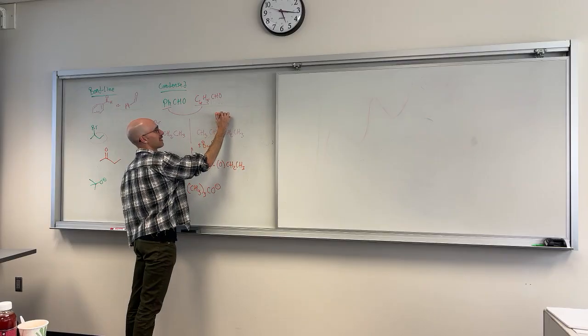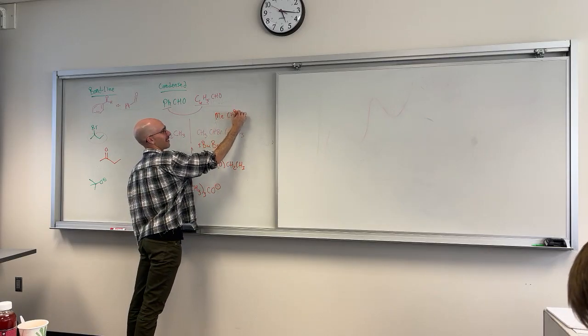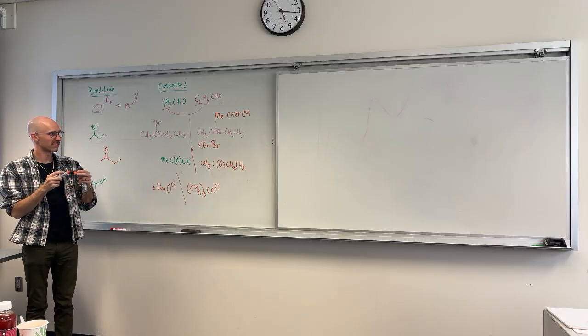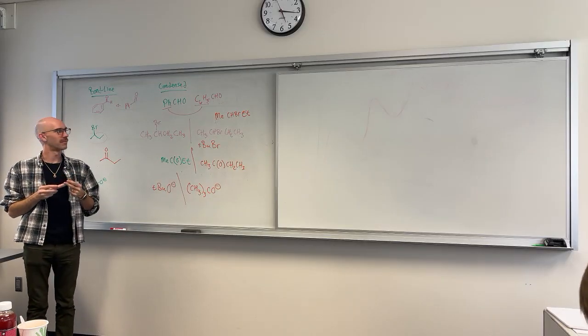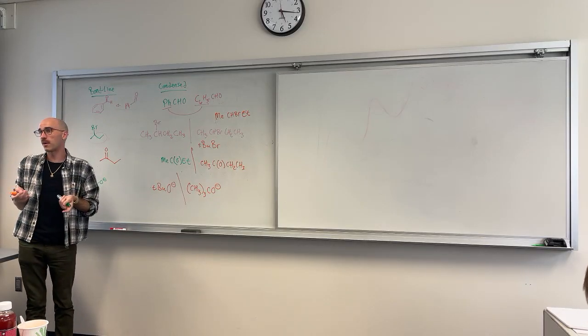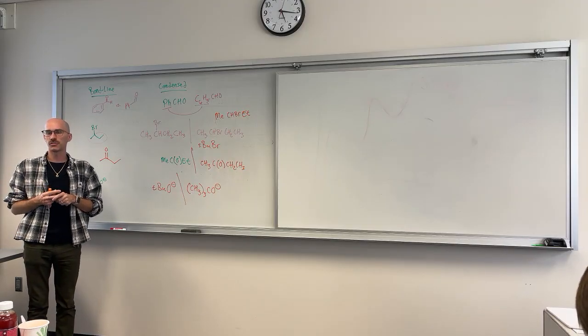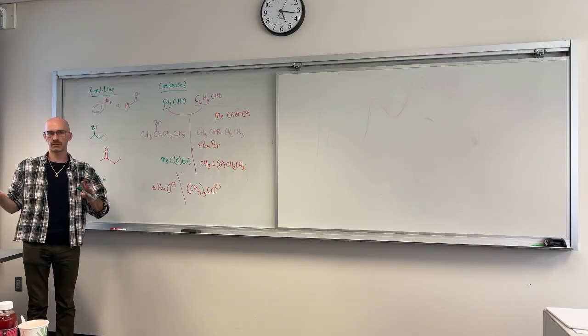So, MeCHBrEt. I think it just looks clunky is all. Yeah. And honestly, that is one thing about reporting structures. Oftentimes, we're just doing our best to report in a way that's meaningful.